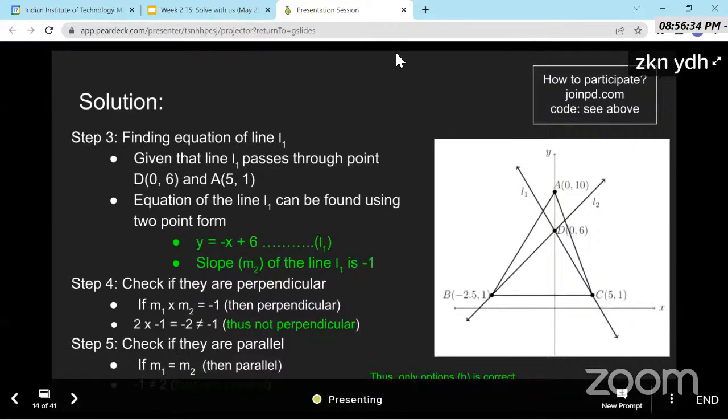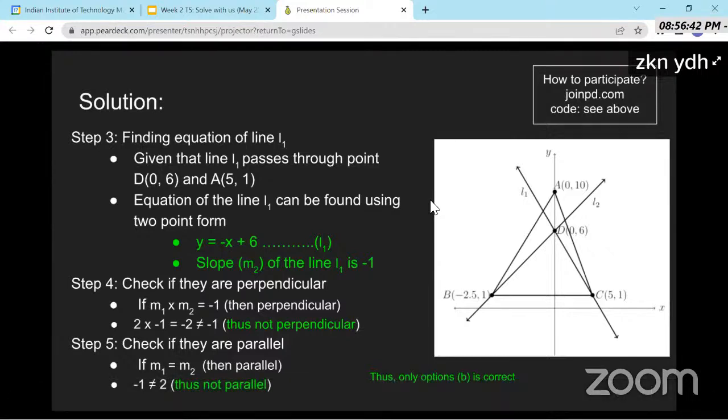So only option B was correct, but what answers did all of you give? Option A, 60 of you, option B, 60 of you, option C, 60 of you. And there was someone with option D as well. I think at least 3 gave the answer as D also. Looking at the figure, they took the intersecting line as a parallel line. So they must go with the very basic thing first.